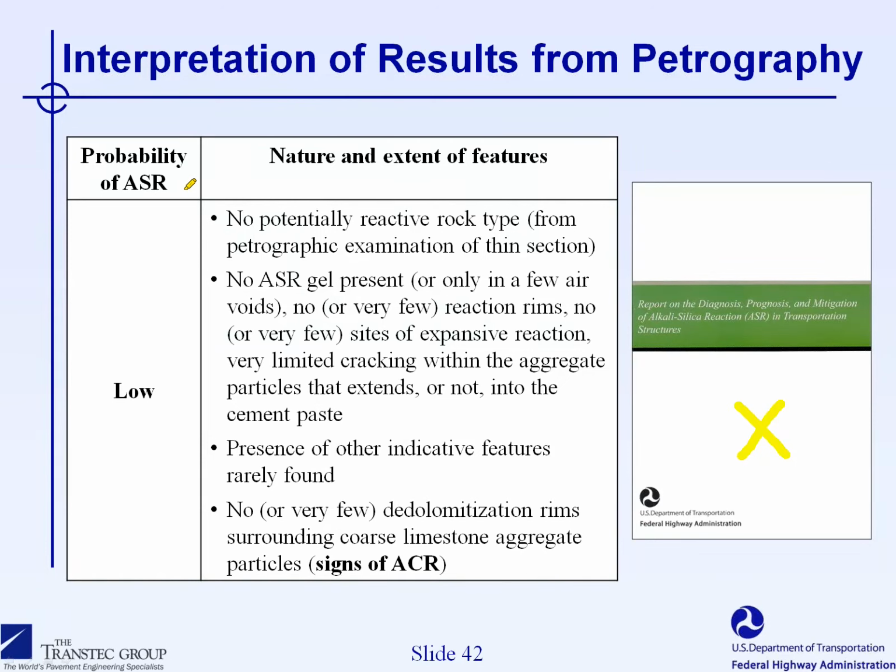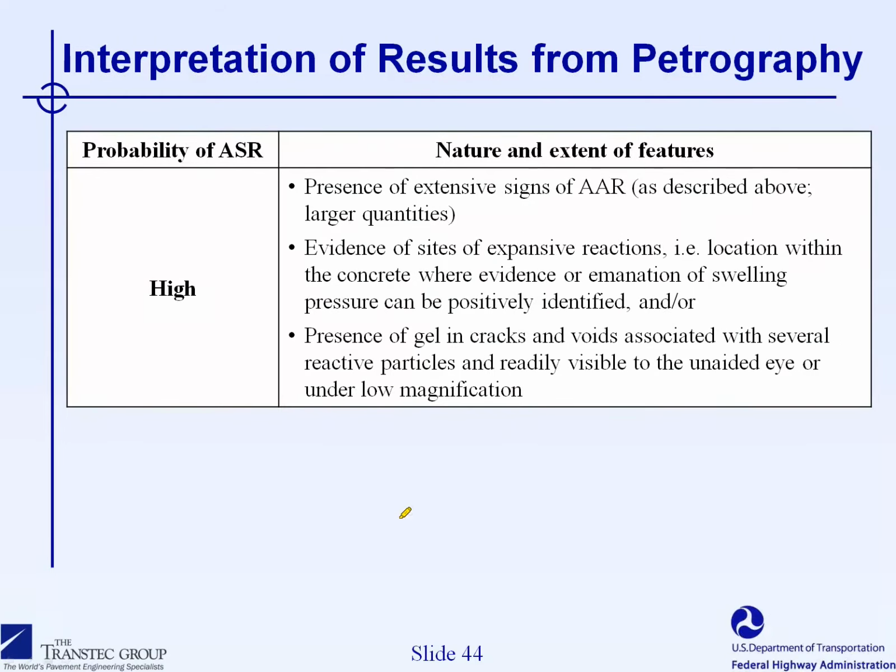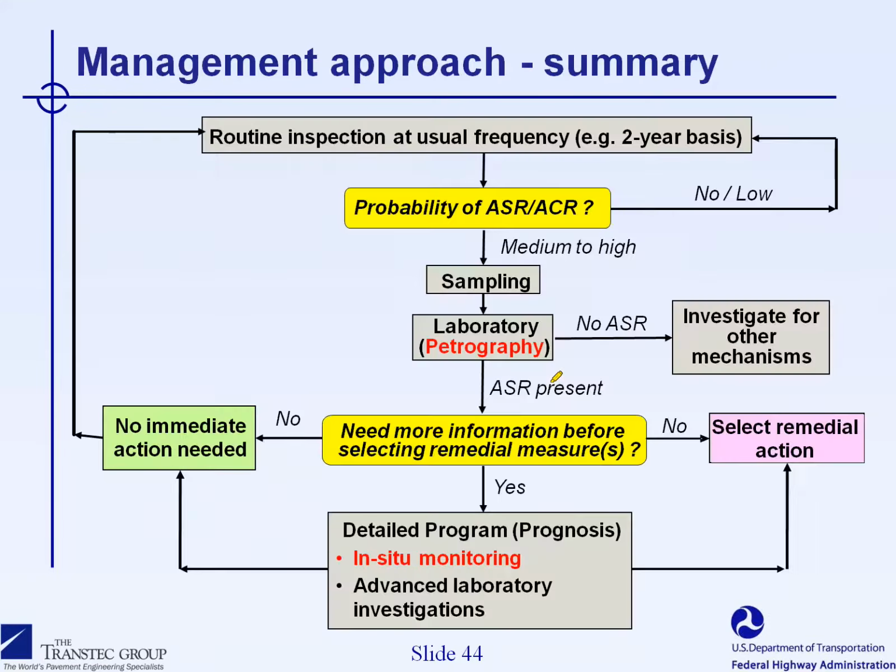So we are including in that report a number of tables that will classify the probability of ASR as low, moderate, or high, as a function of the different features of deterioration that are obtained by the petrographer. I will not go through those in detail. I'm just mentioning that because you can find this information in the report, and this is very interesting supporting information to help the petrographer for the interpretation of the petrographic examination.